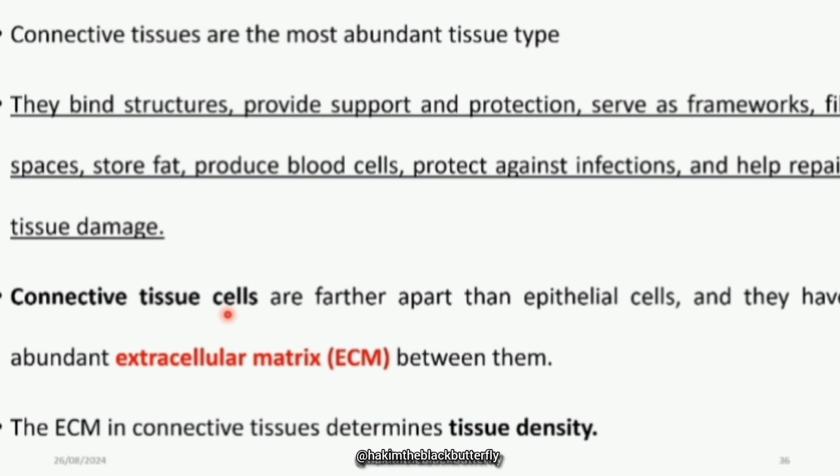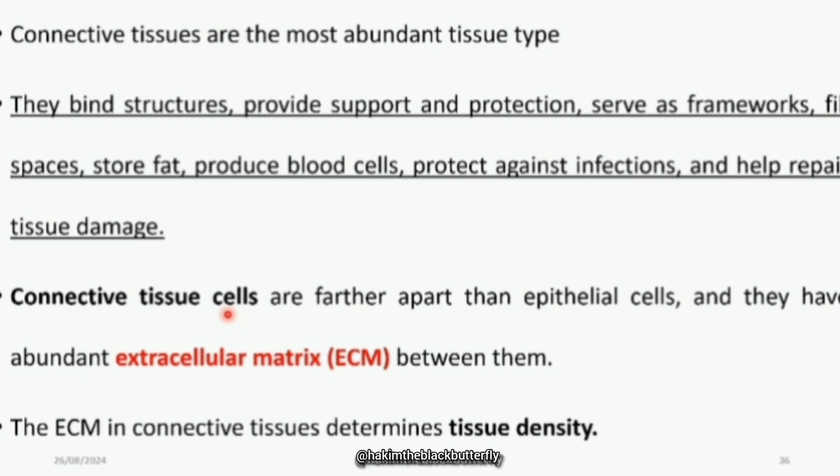This extracellular matrix will determine how hard or how soft a particular connective tissue is, or you can say it determines the tissue density. And tissue density is a property that is very significant when it comes to ultrasound scanning.